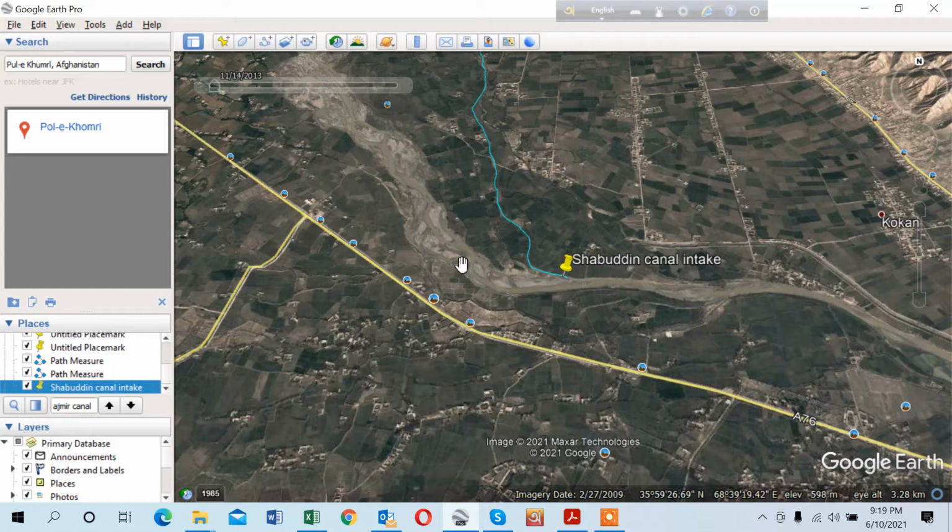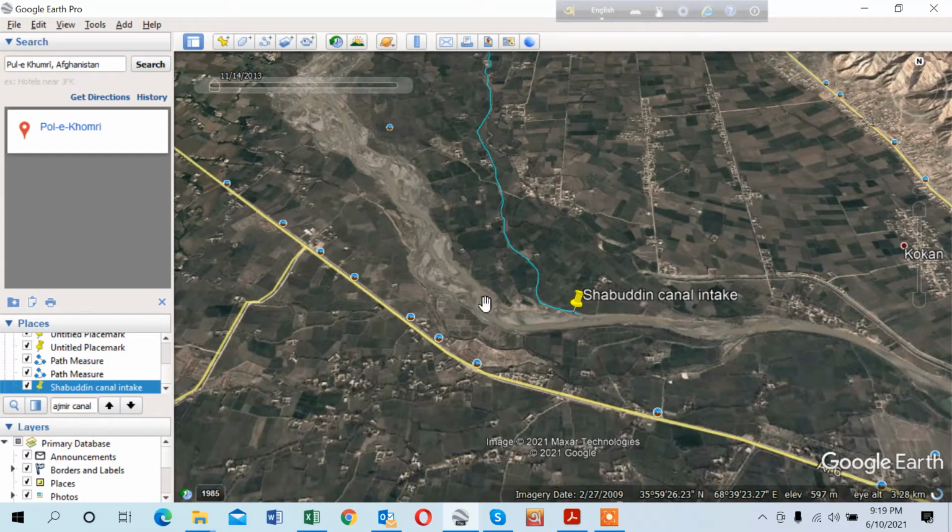So for the convenience of the explanation of the irrigation system, I have drawn up some small lines of the canal, but I'll show you how to make irrigation planning for a new project or a rehabilitation of a project.